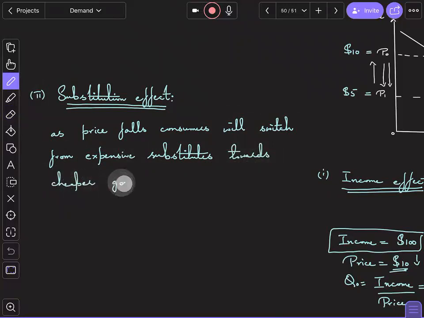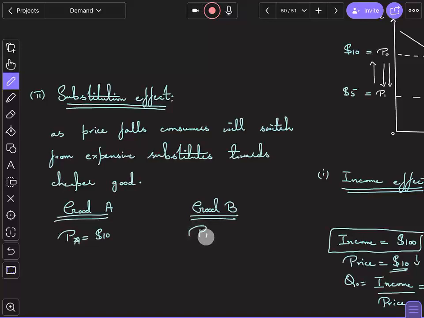So let's say we have two goods. We have good A and we have good B. Both of the goods are substitutes, both are alternatives to each other, like jam and butter. So let's say initially the price of A is $10 and the price of B is also $10.